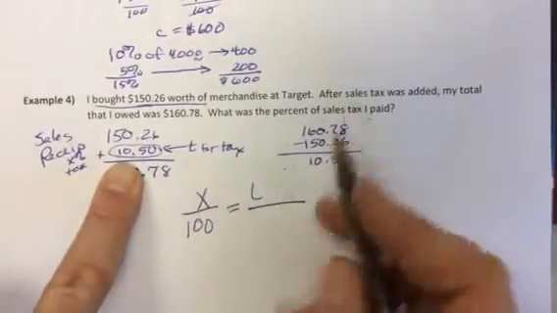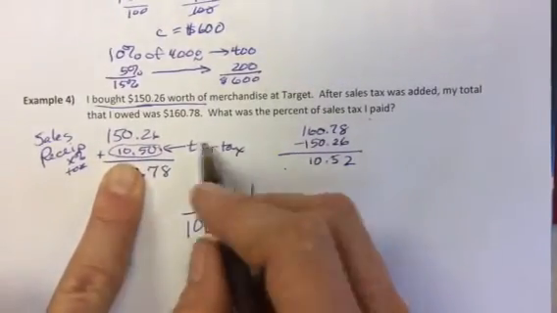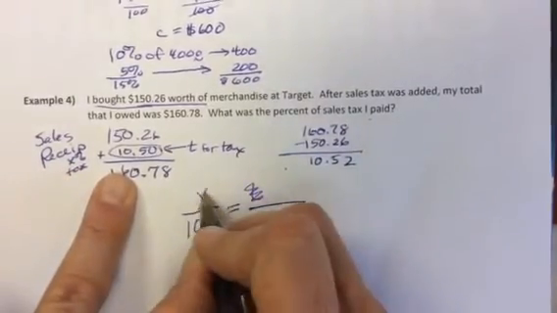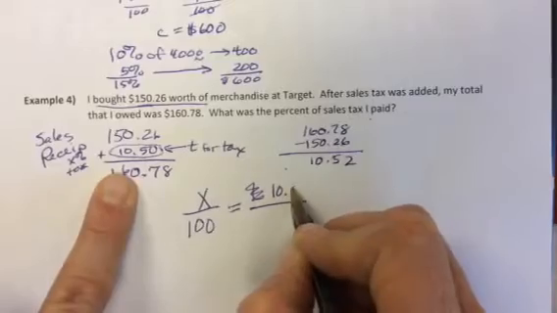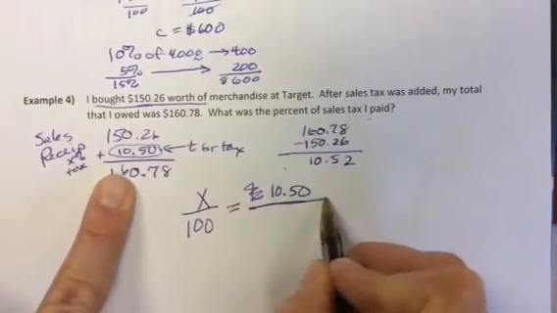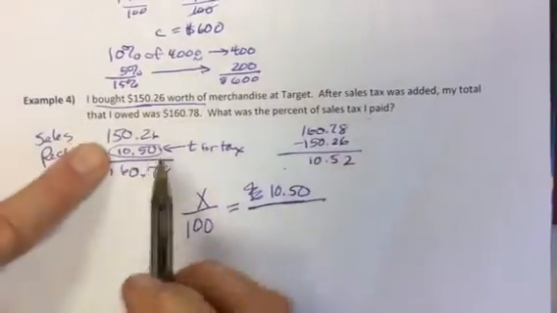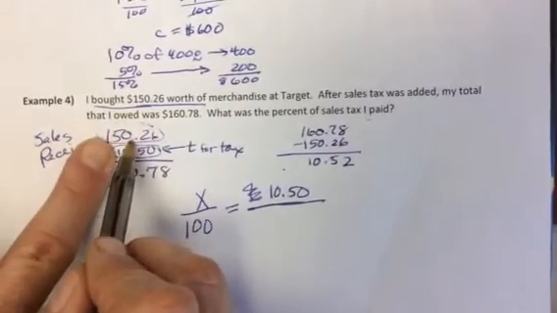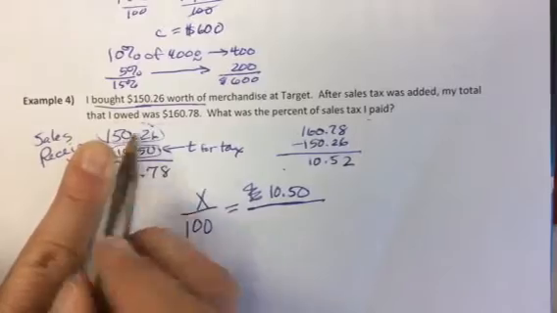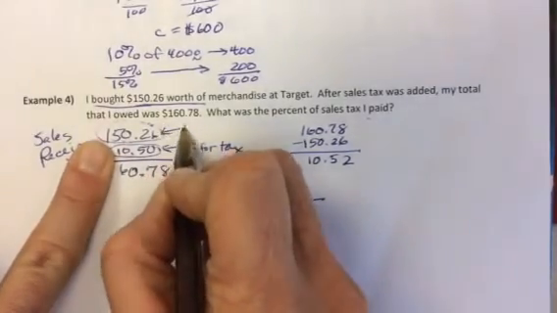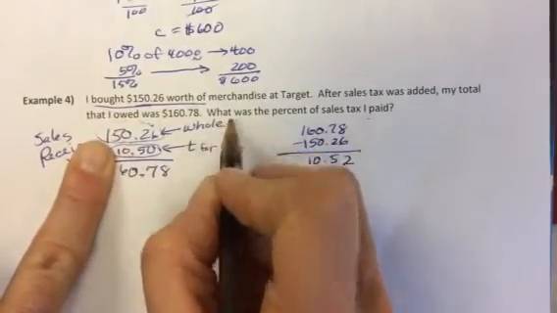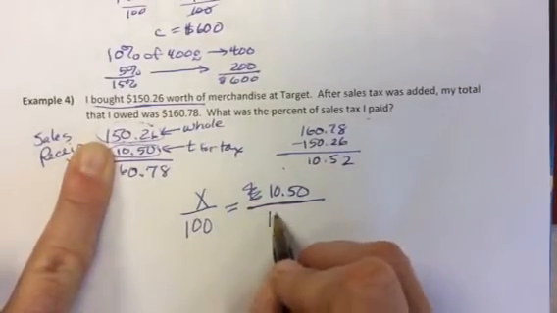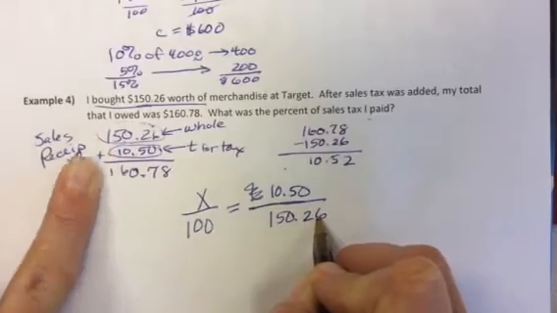That's the part. We could have done T for tax there, but that's fine. So the part is 10.52 over the whole, which is the whole that we took this percent of to get 10.52. So our whole is 150.26.